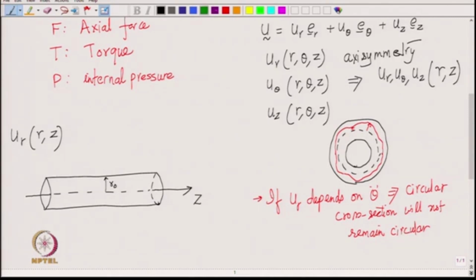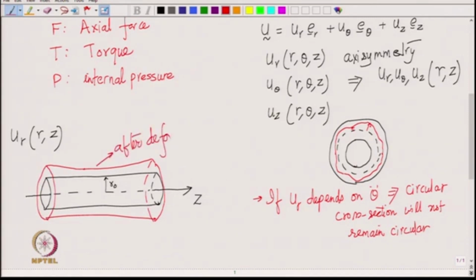For example, it will become something like this. So, this is after deformation. Correct. So, we also do not want this situation.